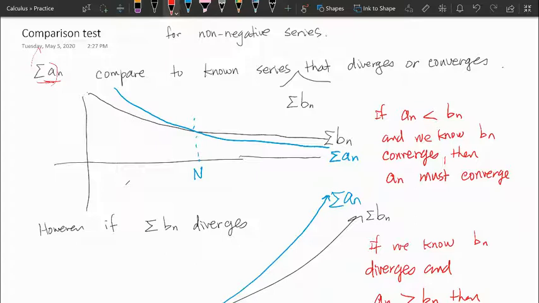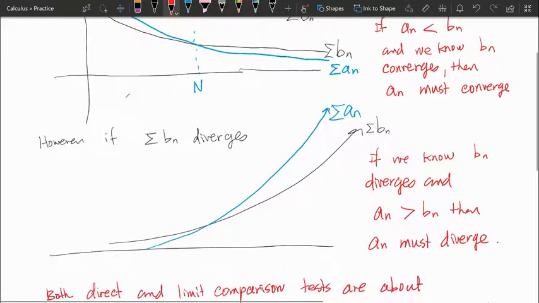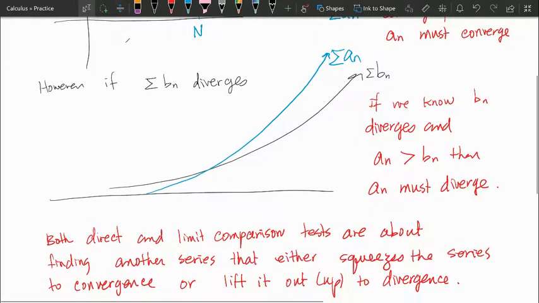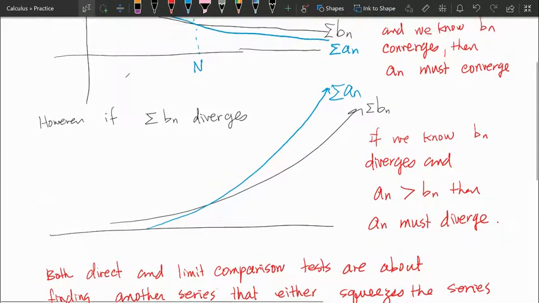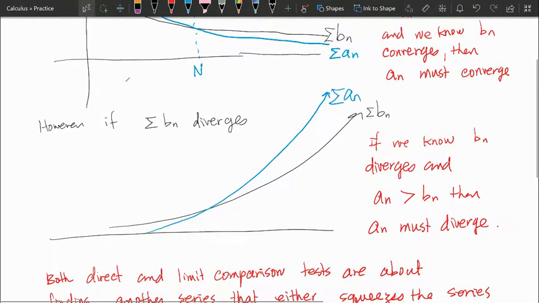to show that An converges. If you can compare it to a known converging series and it's being squeezed between that converging series and 0, basically. The other thing is that you can show that it diverges, and the picture is the other way around.